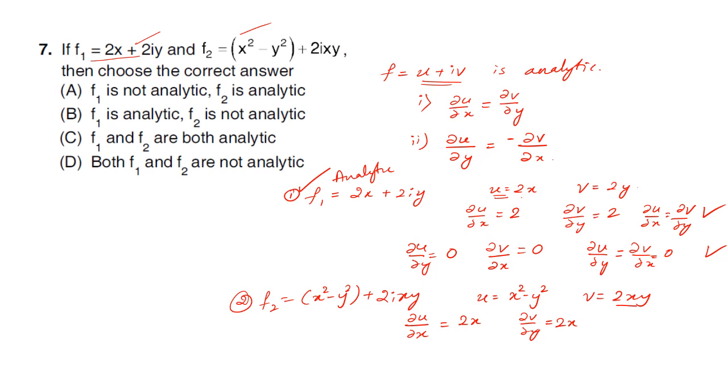That means dou u by dou x is equal to dou v by dou y. Therefore, the first condition is satisfied. Now consider dou u by dou y. The partial differentiation of u with respect to y is minus 2y. Then dou v by dou x is 2y.